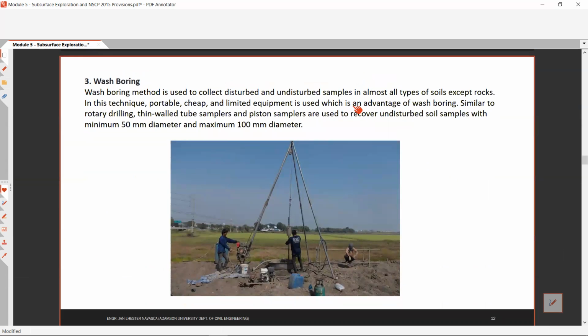Next one is the washboring. This washboring is used to collect disturbed and undisturbed samples, again in almost all types of soil except for the rocks.